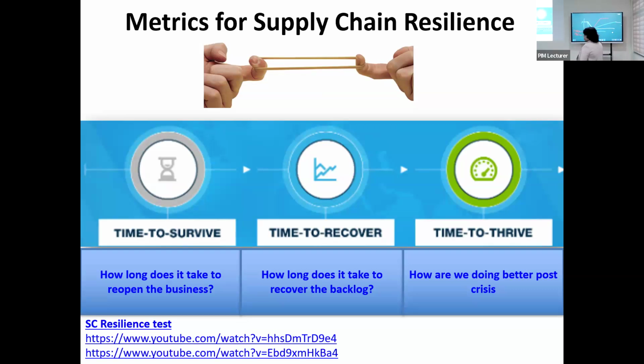So you got impacted because of COVID, and how long did it take for you to start the business? Or you had a fire in your factory, everything was gutted. Now, how many days did it take for you to start the operation? So how long did it take for you to survive? Time to survive. That's the first thing.